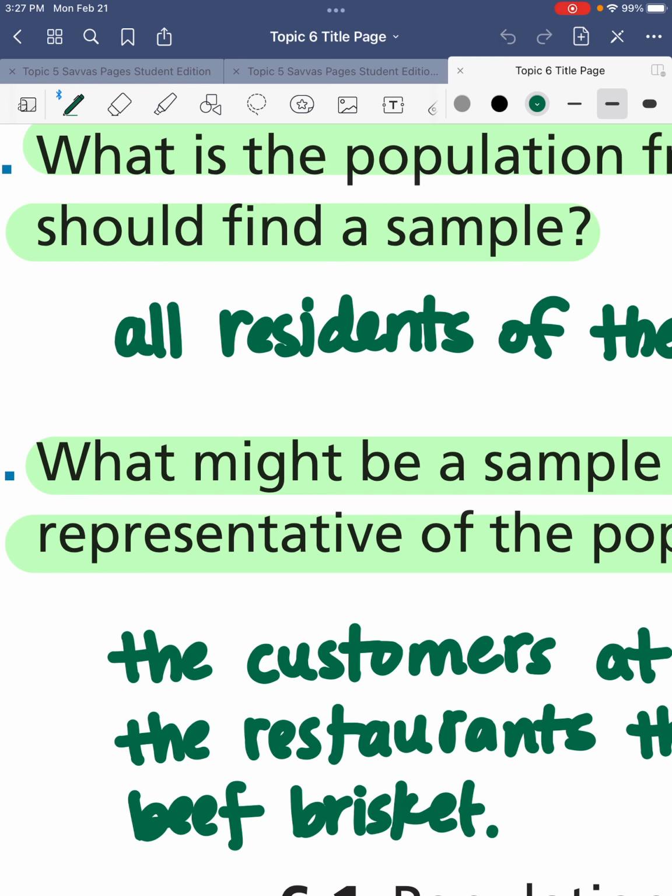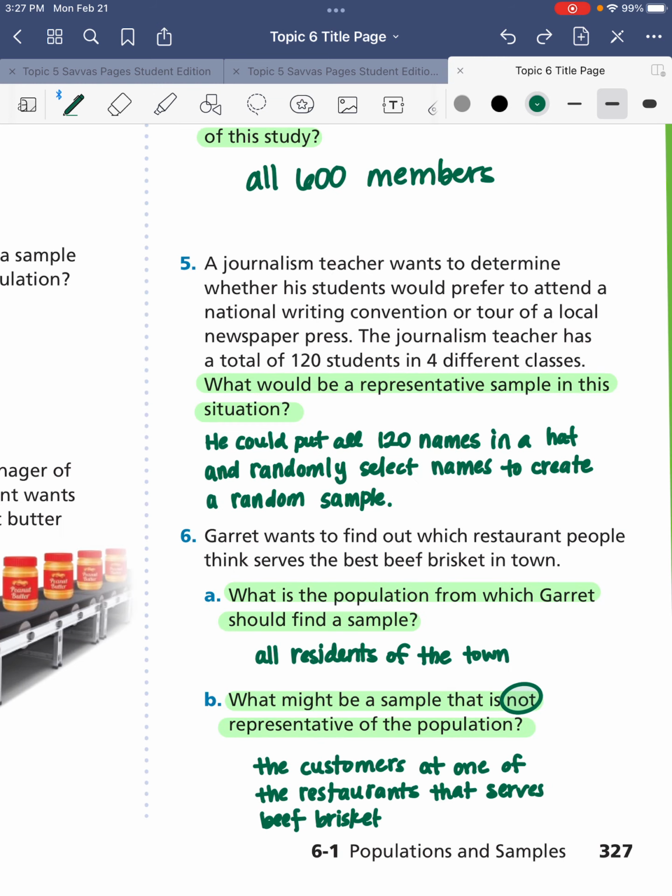So why would that be a non-representative sample? Well, if the customers are at a restaurant that serves beef brisket, they're likely to think that that restaurant has the best beef brisket in town, right? So it would create a biased sample. So the customers at one of the restaurants that serves beef brisket would not be a representative sample.